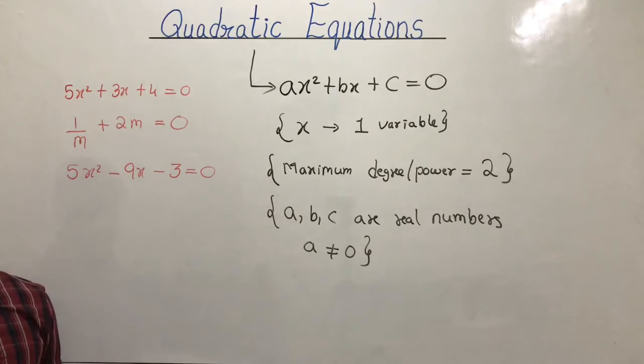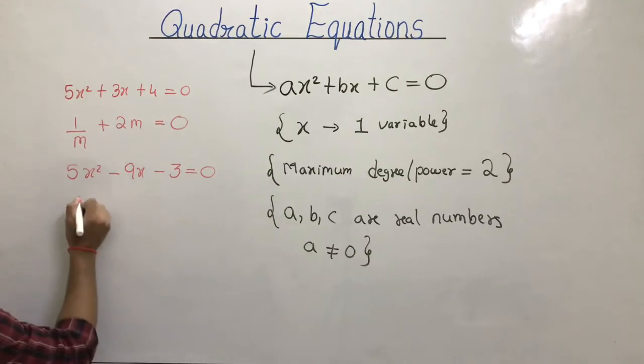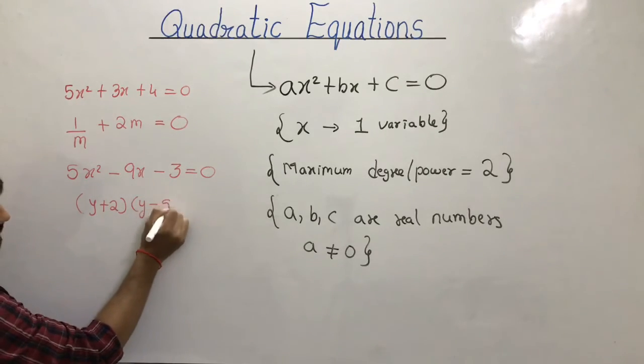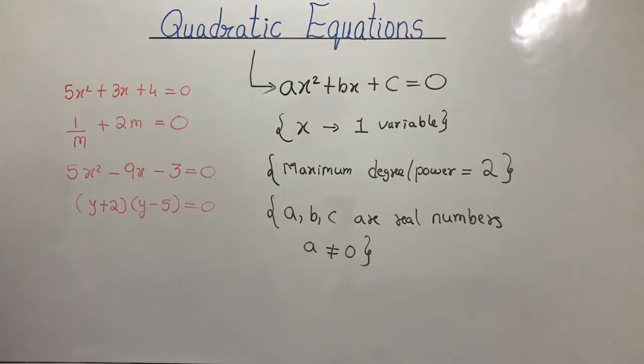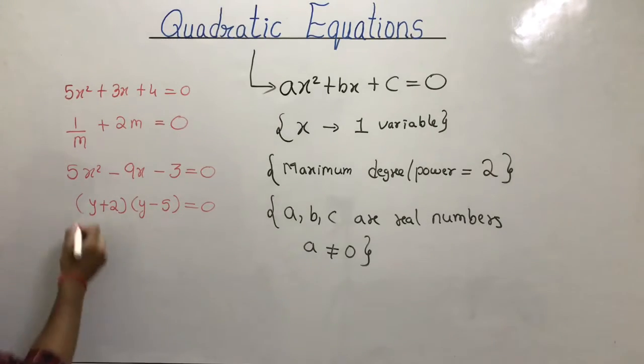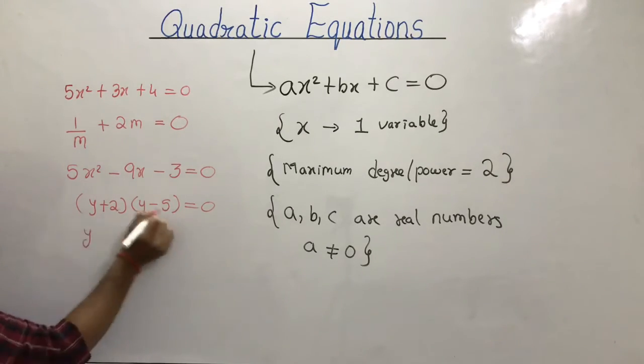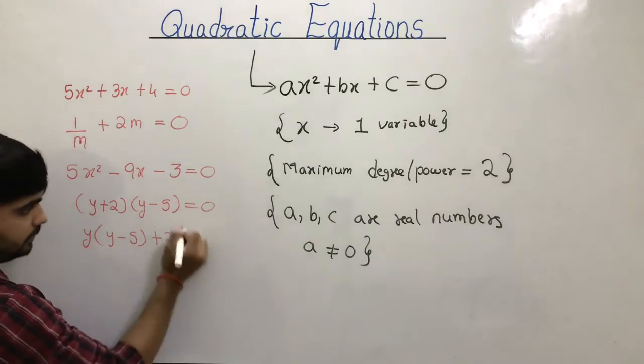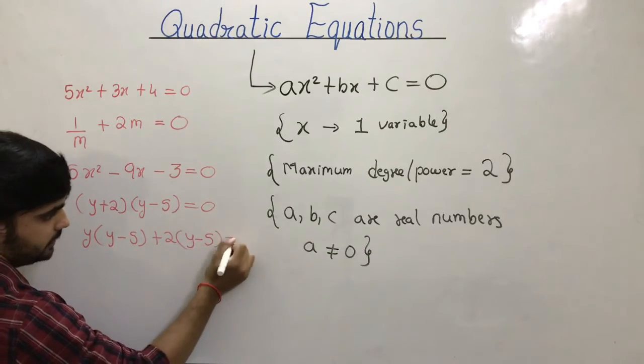We can see many examples, like one more example we have: y plus 2 and y minus 5 is equal to 0. After solving this equation, we get y with this bracket, y minus 5, plus 2 with y minus 5 is equal to 0.